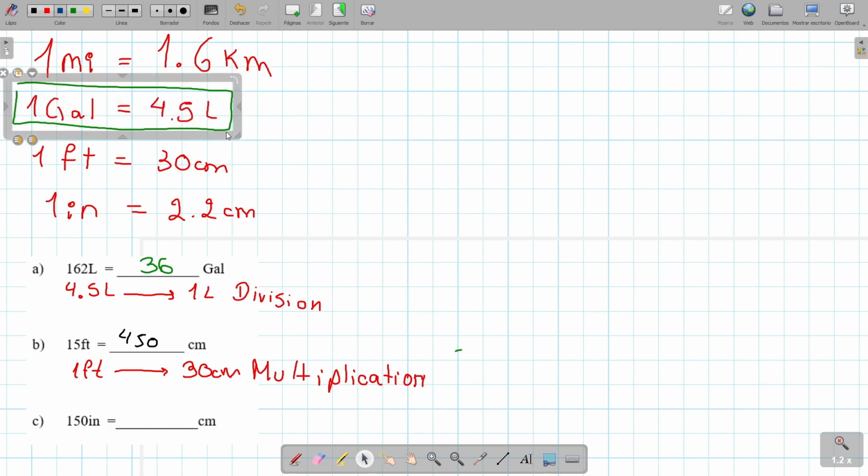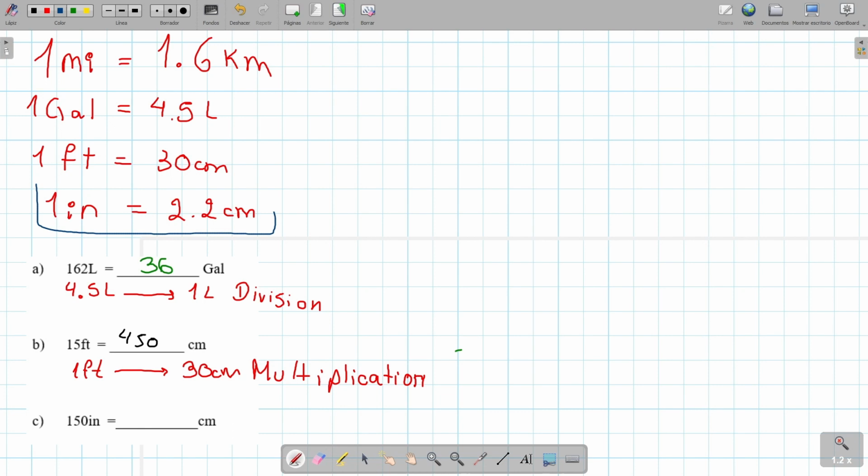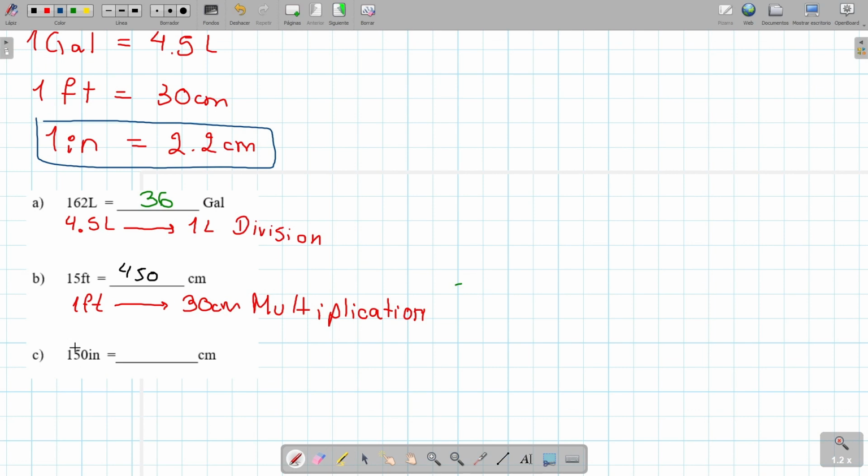Let me erase this. And if you realize, we have that 1 inch equals 2.2 centimeters. When we have a small number that turns into a big number, the operation that we have to do is multiplication.